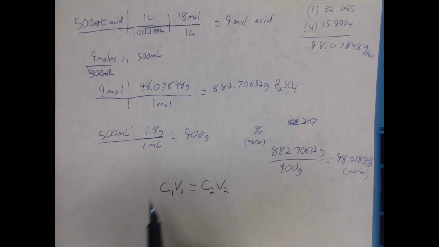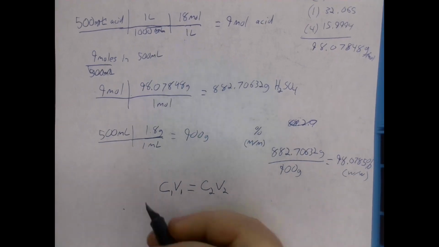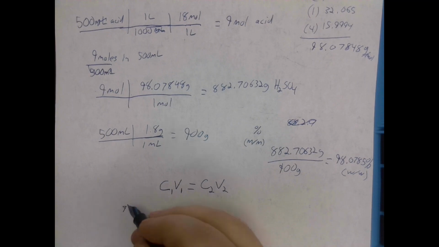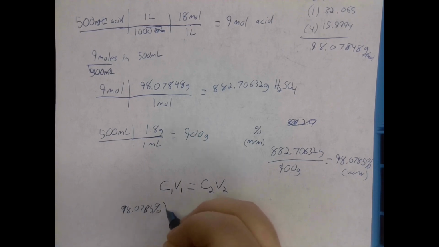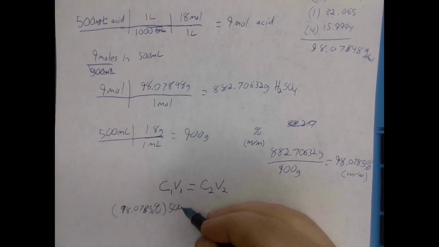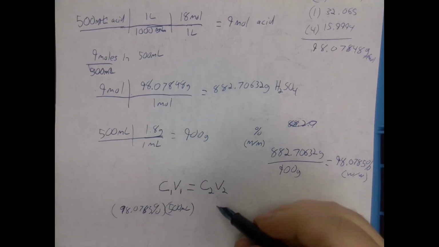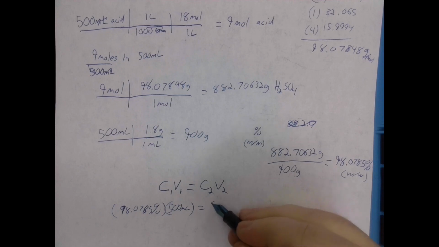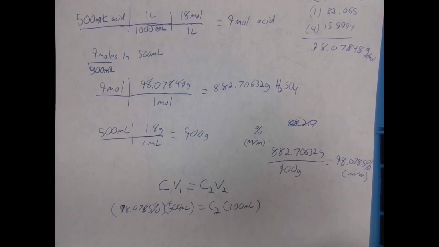So 98.0785% at 500 milliliters will give you a concentration of C2 times 100 milliliters.